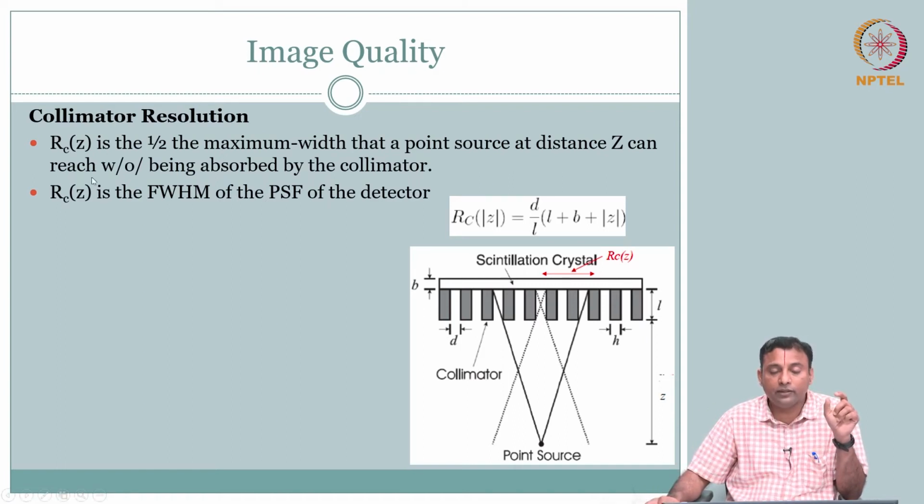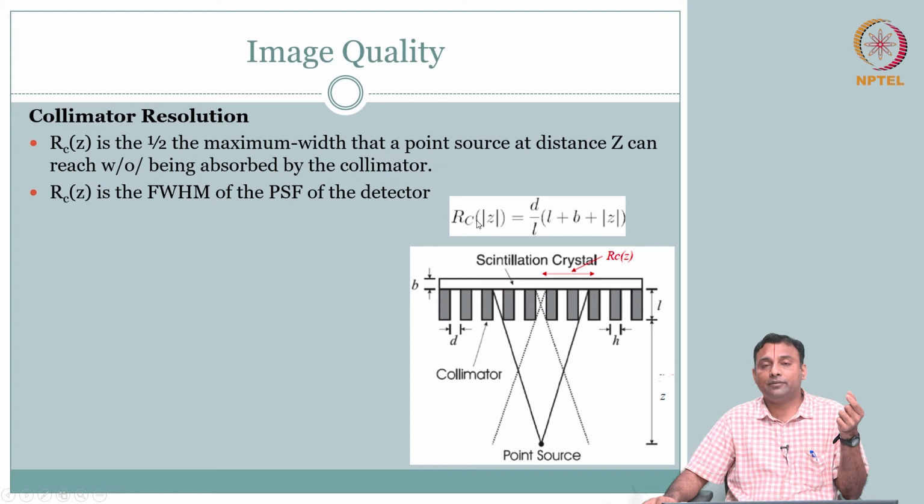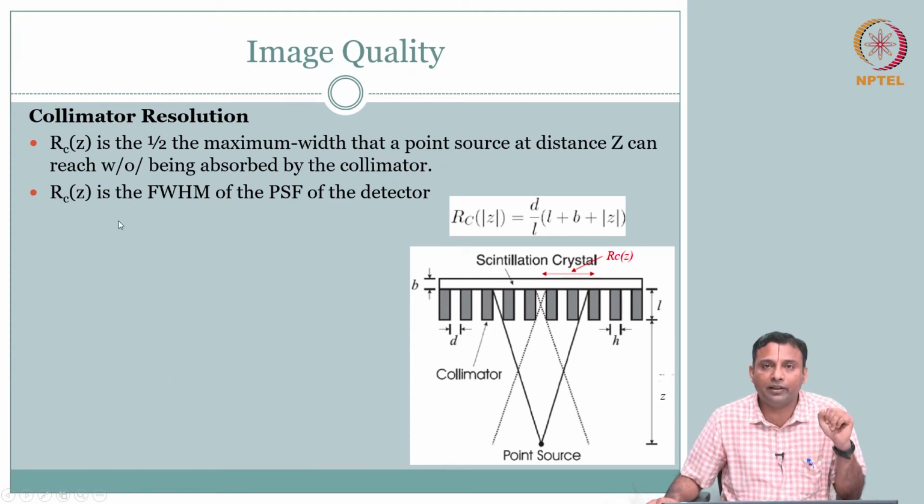So, that is the important message. If your Z is more, RC is more, that means the spread is more, that means poor resolution. If Z is less, the spread is less, better resolution, okay. So, that is a key aspect in collimator resolution.